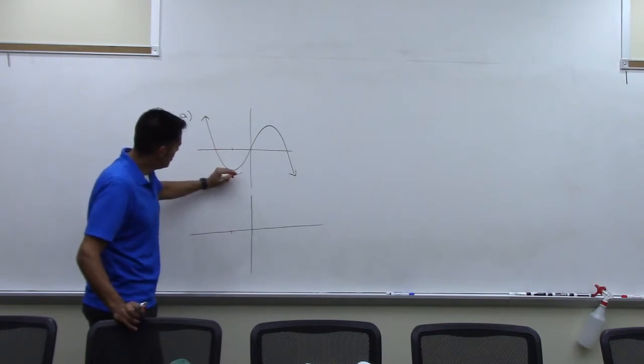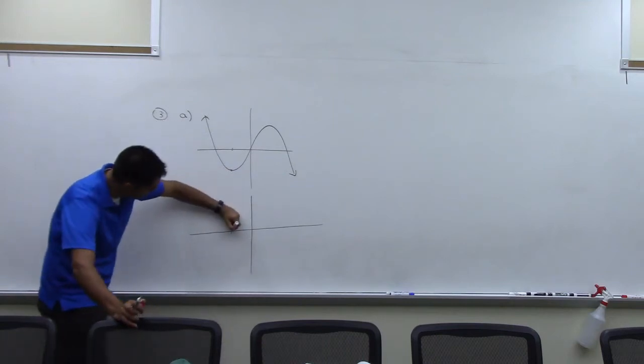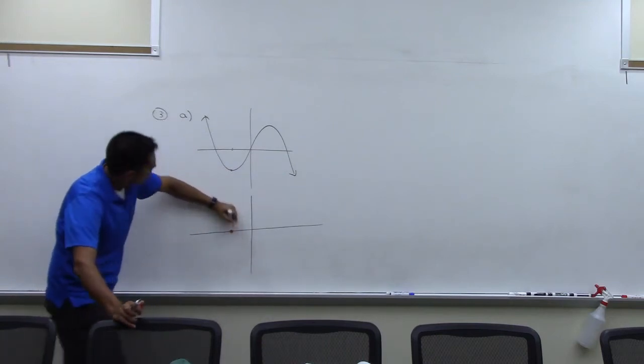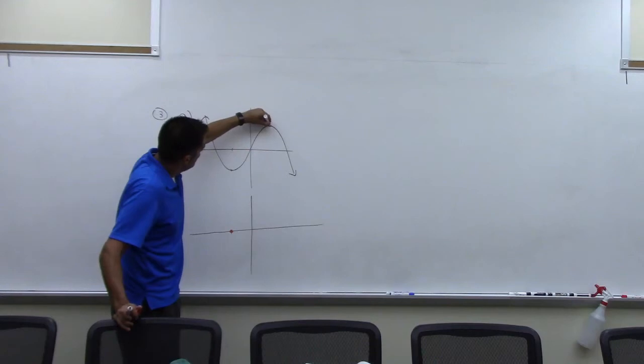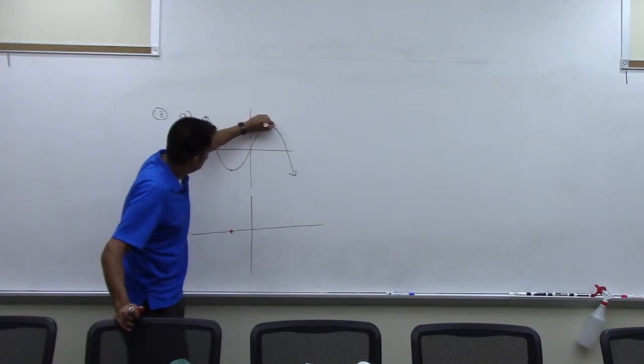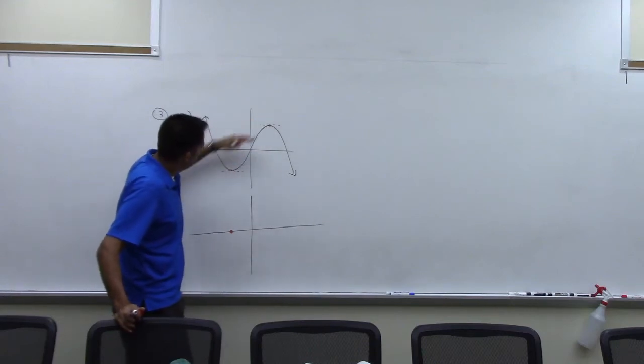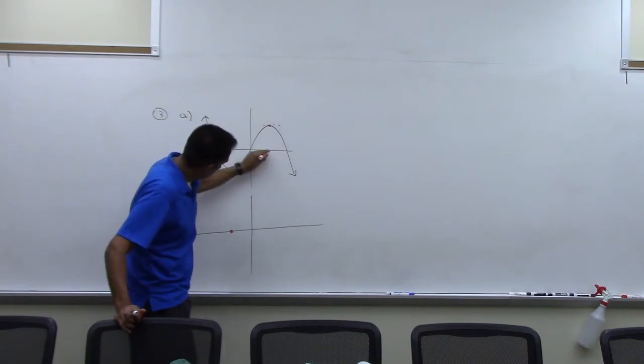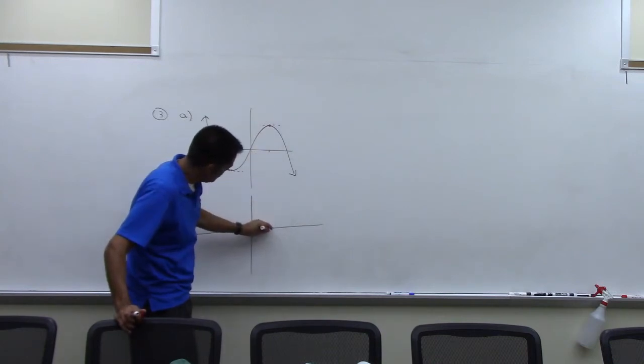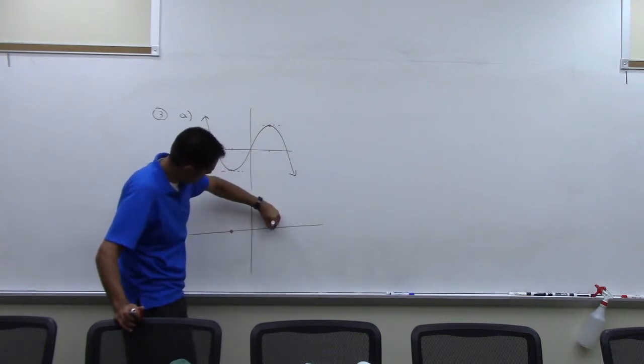The slope of the tangent line here is flat, so it's 0, so I know the derivative has a value of 0. Also here, the slope of the tangent line is flat, so the slope should be 0. So when I graph at this x value on my derivative function, it should be here.